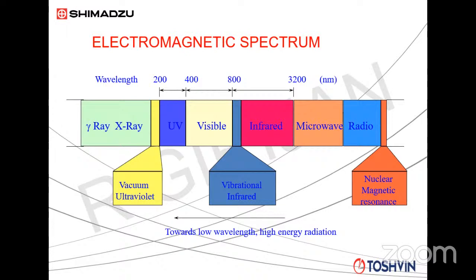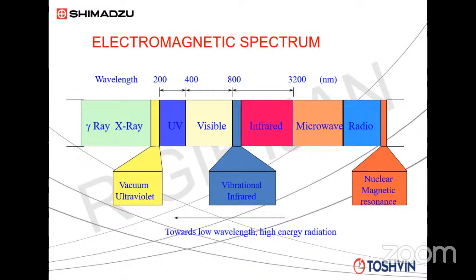And if you are working on UV and visible, suppose you are recording the spectrum both in the visible range and UV range continuously, between 400 and 360 nanometer, your lamp will change over. Automatically, the lamp will change over.